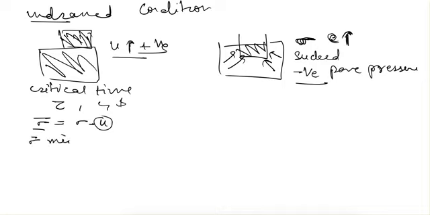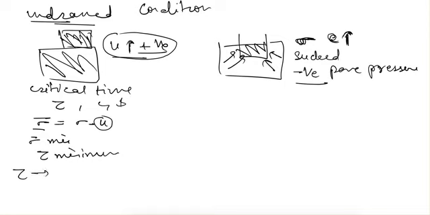And when effective stress is minimum, it means that shear strength will be minimum. So if in the undrained condition pore water pressure is positive, then we find out the shear strength and shear strength parameters just after completing construction.